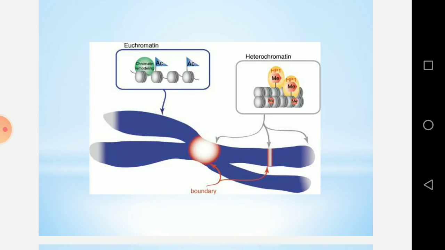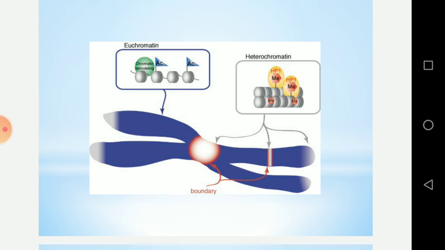Here I have put one diagram which explains heterochromatin and euchromatin. You can see the DNA is wrapped around the histone; that small pebble-like structure is the histone, and DNA is packed around it. In the euchromatin region, there is some space between each histone, so it is not tightly packed.